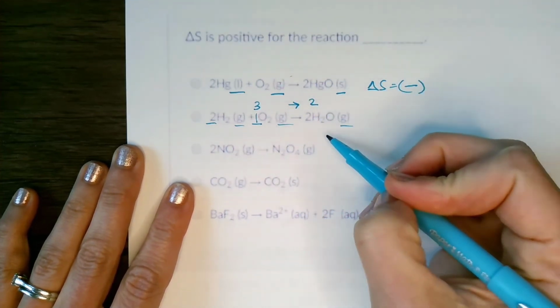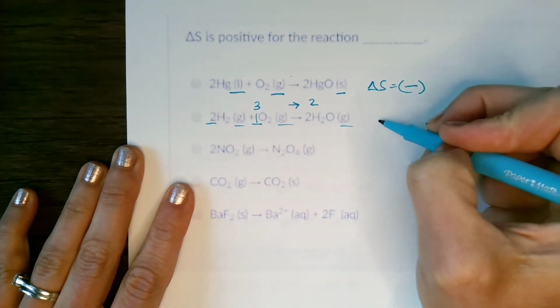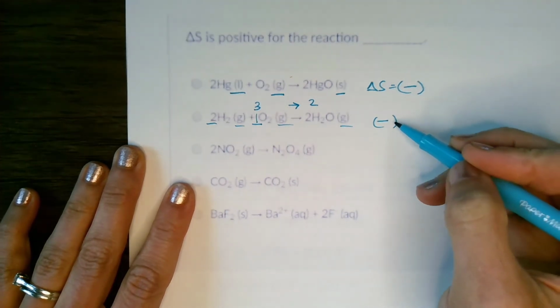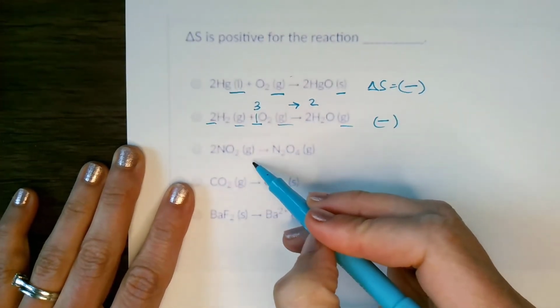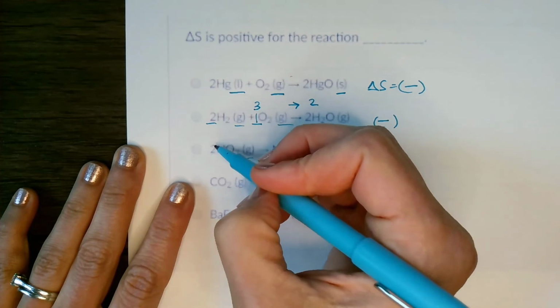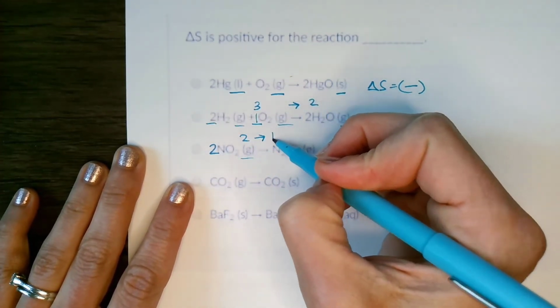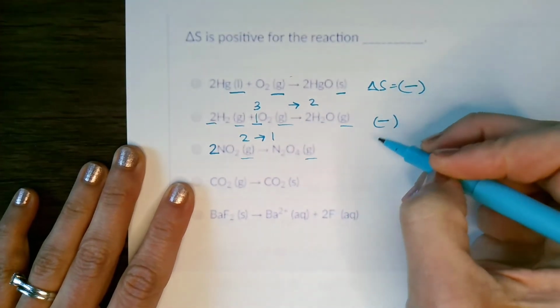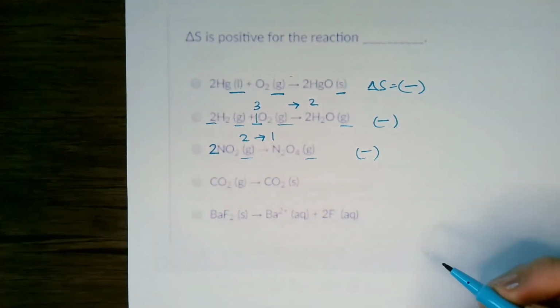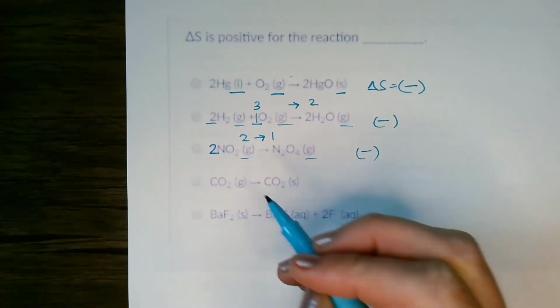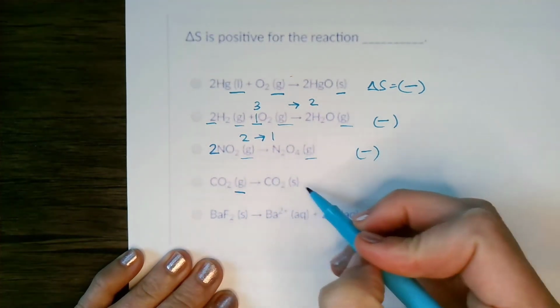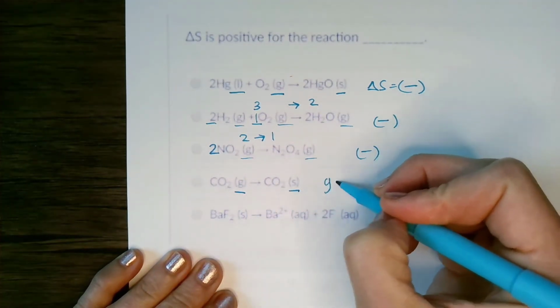I've got 2 moles of gas plus 1 mole of gas, so 3 moles of gas combining to form 2 moles of gas. Nope, that's becoming more organized. This one, again, I've got 2 moles of gas combining to form 1 mole of gas. No, that's also negative, becoming more organized.